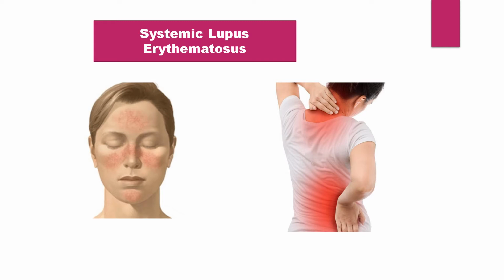But along with that, there are swollen and painful joints, extreme tiredness. The rash may be painful or itchy in nature and could be worsened by exposure to sun. And those who face lupus have to always apply sunscreen and stay away from the sun. That is in case of lupus.